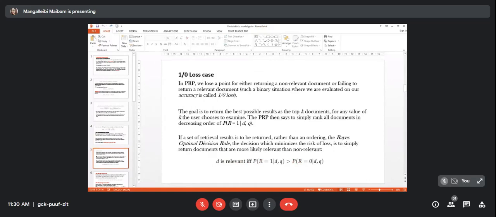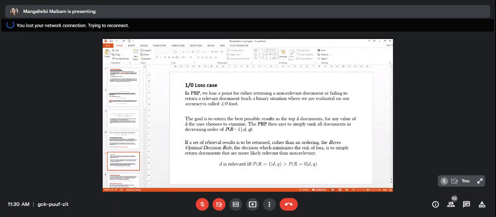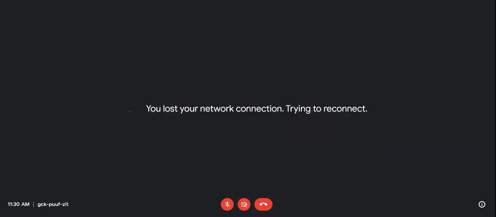So another terminology is the 1/0 loss case. The 1/0 loss case also comes under the probability ranking principle. So in the probability ranking principle, what does it say? If a particular document is relevant, it is represented by 1, that means R equal to 1.